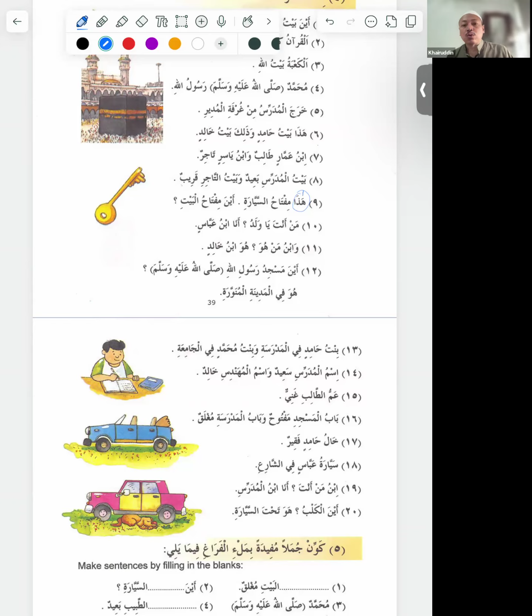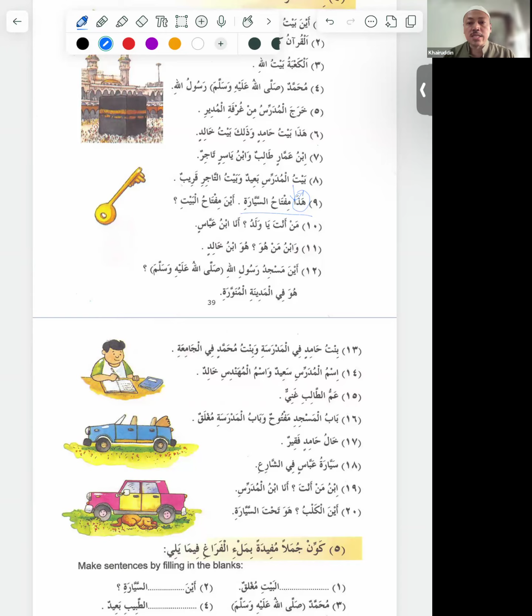Remember, for any sentence where you would put is, are, was, were between the first part and the second part, there's no is, are, was, were in Arabic. So this is in the form that we call mubtada khabar.